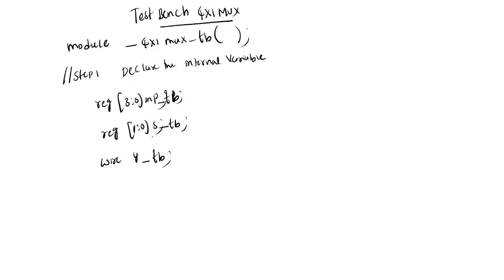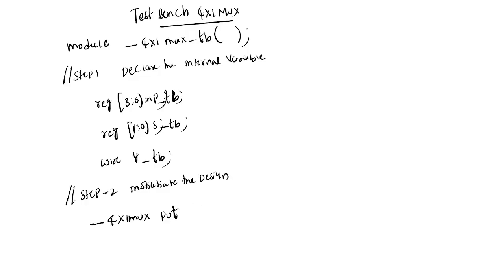Okay. Next you need to instantiate. Step 2 is nothing but you need to instantiate the design, connection by position. So how to instantiate underscore 4x1 mux, your design, DUT, design under test; this is the instance dut.